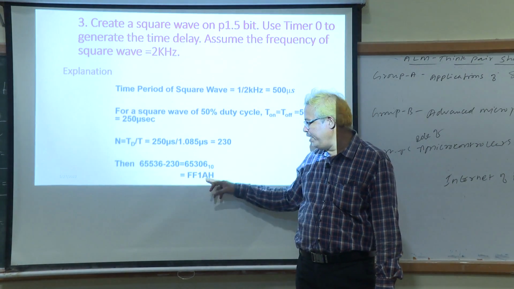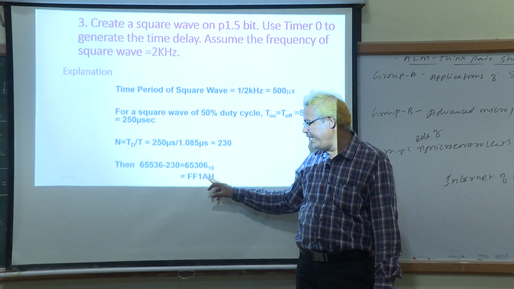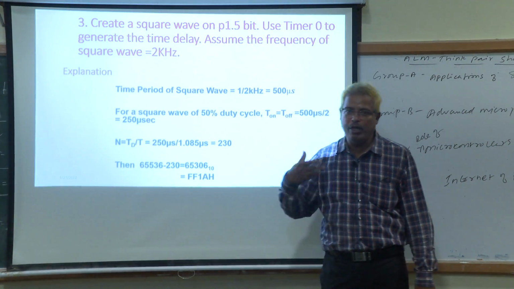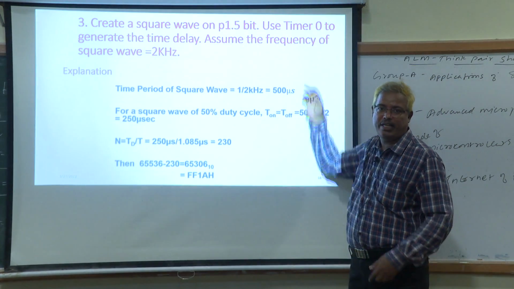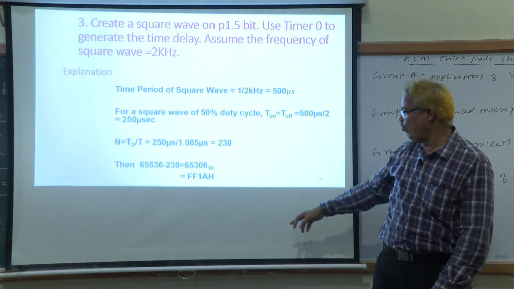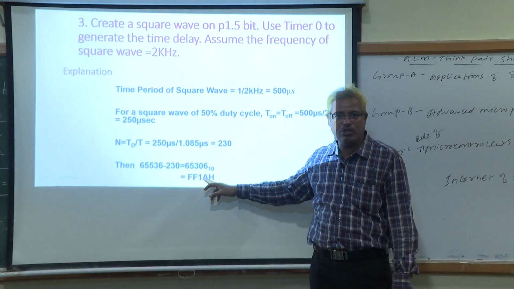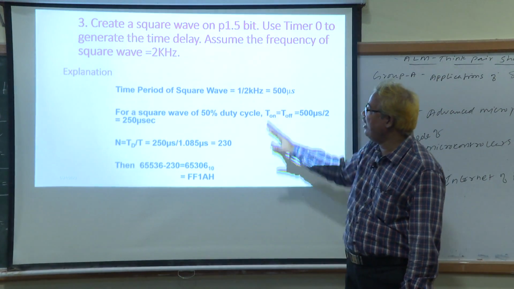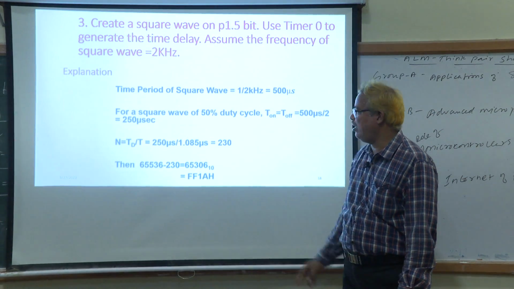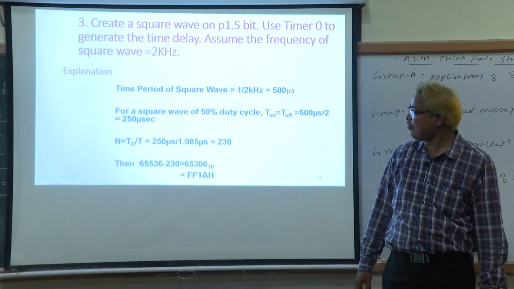Once it is converted into hexadecimal, it is FF1A. So this FF1A is to be loaded in the timer 0 registers, TL0 and TH0. Once you load this initial value, we will get a delay of 250 microseconds.